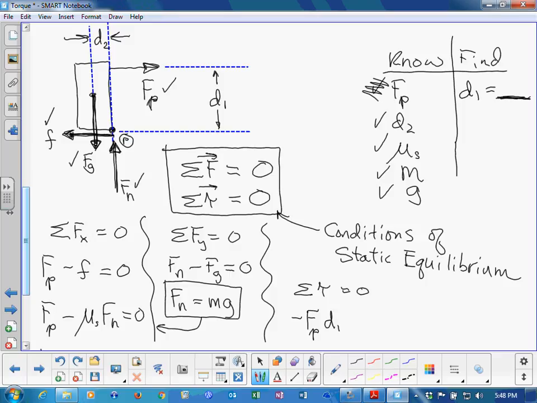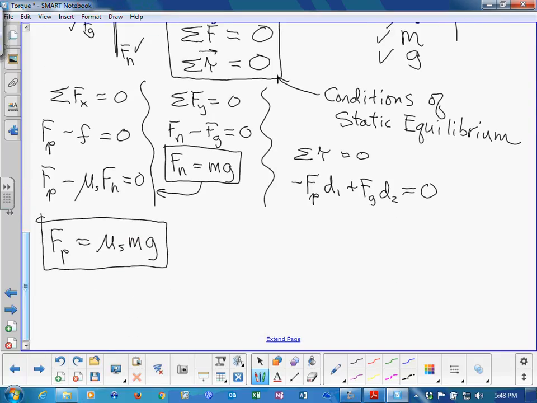Okay. That's a torque going, let's see, into the board. The gravitational force, which we'll just call the force of gravity, Fg times d2, that's a force that's counterclockwise, so it's a torque pointing out of the board. Okay, so we'll add those up, and they have to add up to be 0.